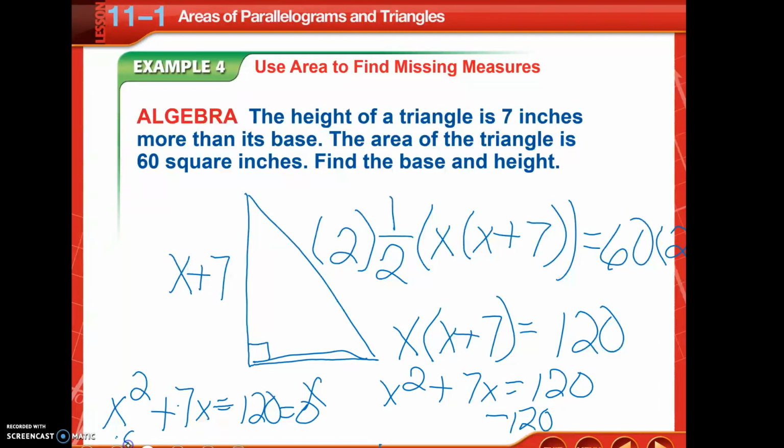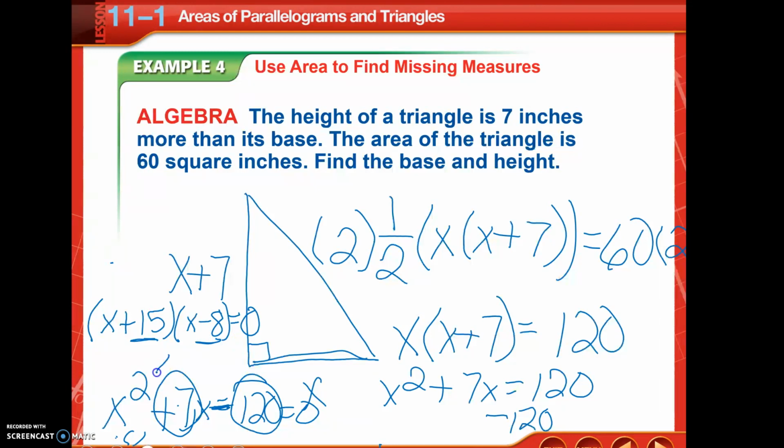So if I factor that, I get x. We want to know what multiplies to be negative 120 and adds to be 7. So 15 and 8 multiply to be 120. So if I had (x plus 15)(x minus 8) equals 0, then if I put those both equal to 0, this would give me a negative 15 here, and this would give me a positive 8.